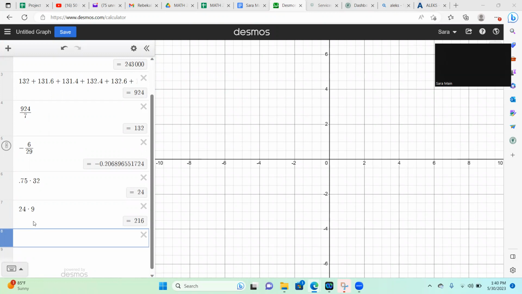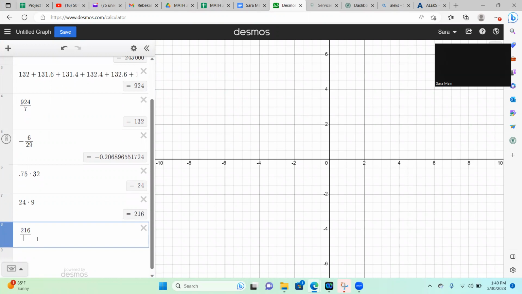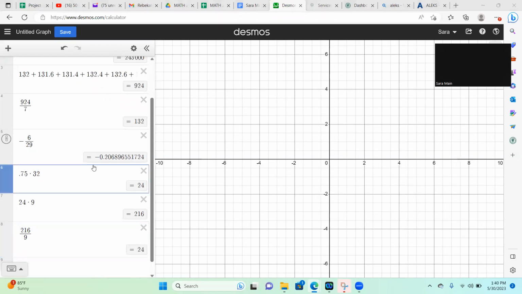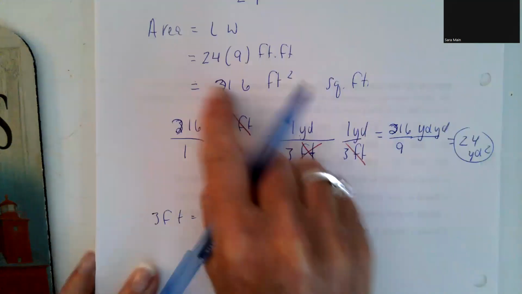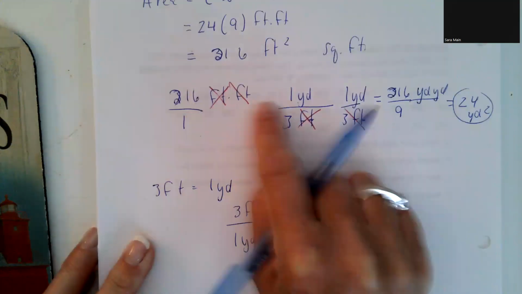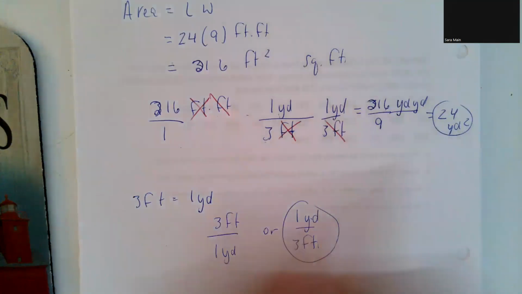You're probably wondering where I got that from. 216 divided by 9. And even I make mistakes. So that is 24 square yards. I will again show you my paper so you can see my correction there. So I corrected that. It's 216. So it's 24 square yards.